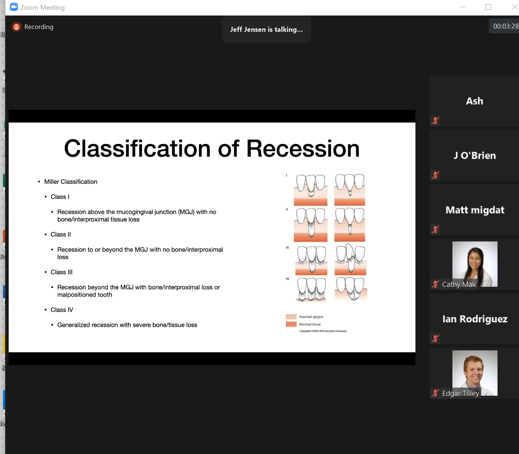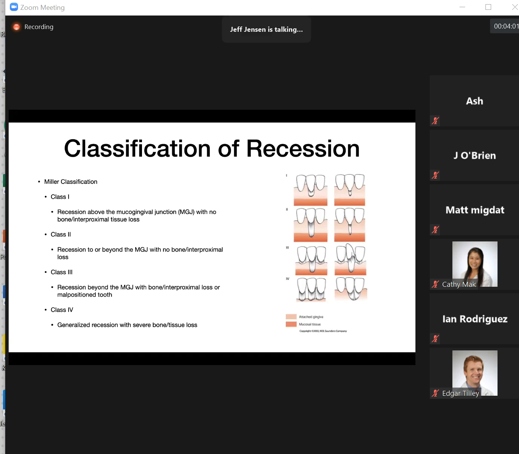The difference between a class 1 and a class 2, obviously, is that mucogingival junction that comes into play when we're flapping and doing different things. But typically, we can do a pretty comparable job in a class 1 versus the class 2 as far as results and healing. With a class 4, there's not a lot we can do to restore gingiva there because of the bone loss, typically horizontally, or a pretty severe vertical loss.